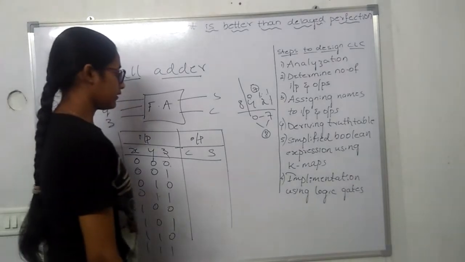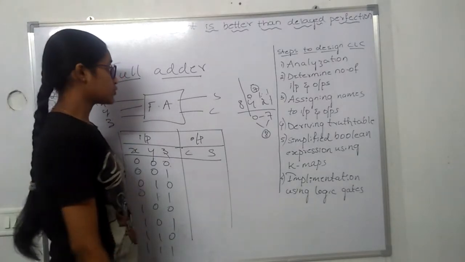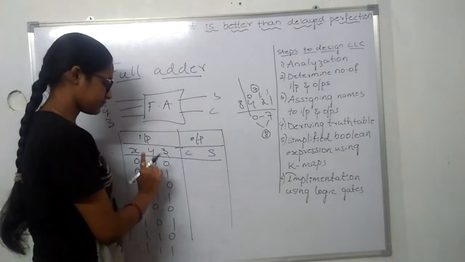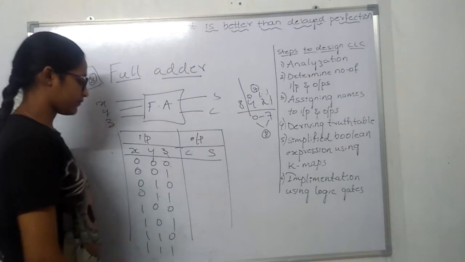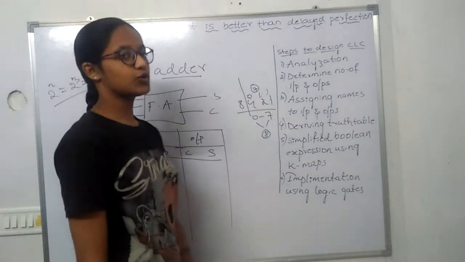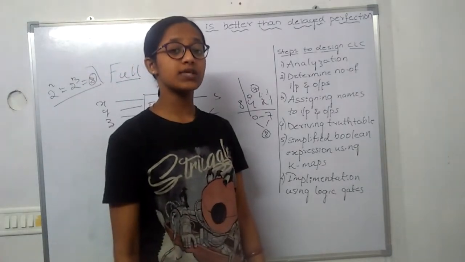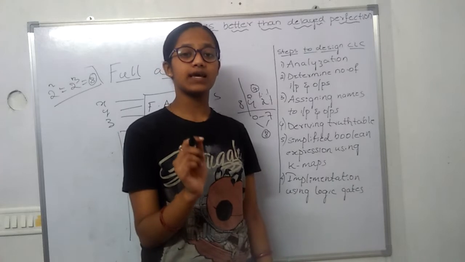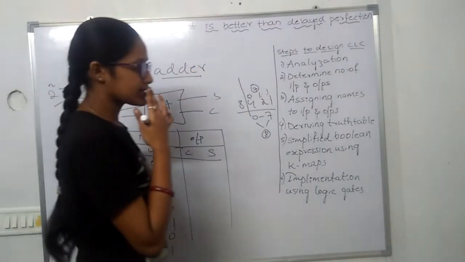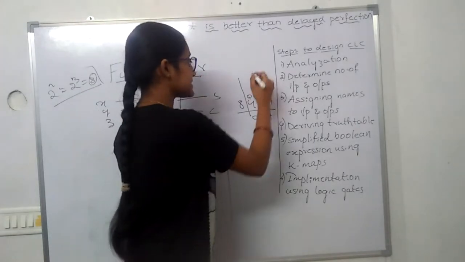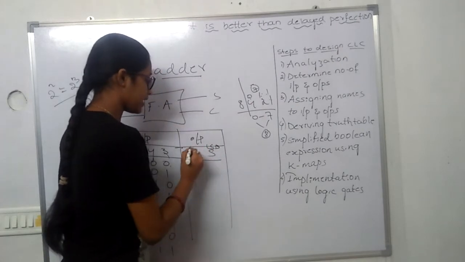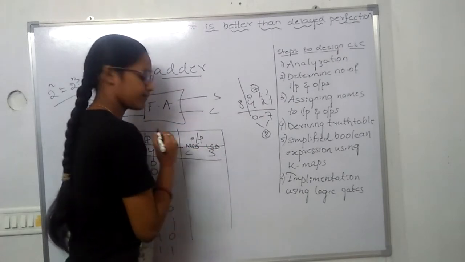Then what about the outputs? As it is adding, we have to add the 8 combinations one by one. 0 plus 0 plus 0 is 0, so the sum is 0 and the carry is 0, because if we don't get any carry, we assign the carry 0. The least significant bit goes to sum and the most significant bit goes to carry.